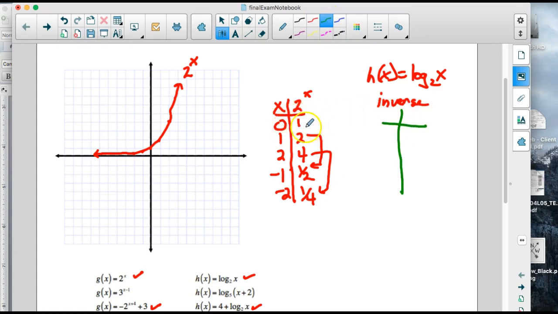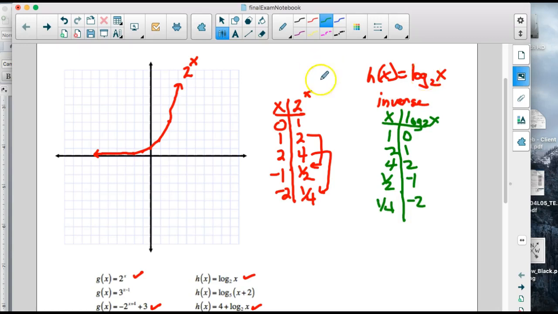We can just look at this chart and reverse it, but I'm going to make a new chart here. So if I do x and log base 2 of x, we just take these values and reverse them. So 0, 1 would be 1, 0. 1, 2 would be 2, 1. 2, 4 would be 4, 2. And this one would be 1/4, -2, and 1/2, -1.